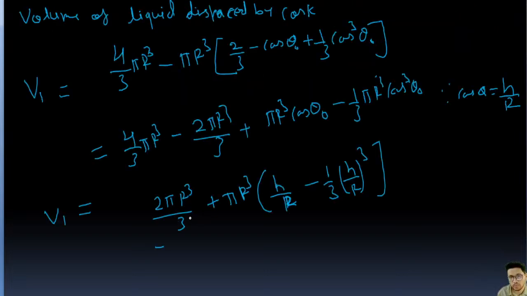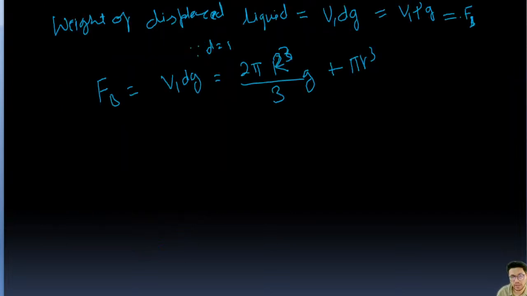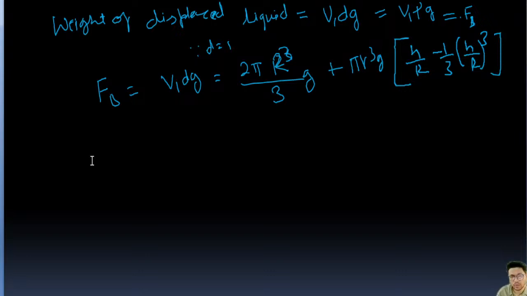So 2πr³/3 g plus πr³ g into this term, h upon r minus 1/3 (h/r)³. So now this is the buoyant force.